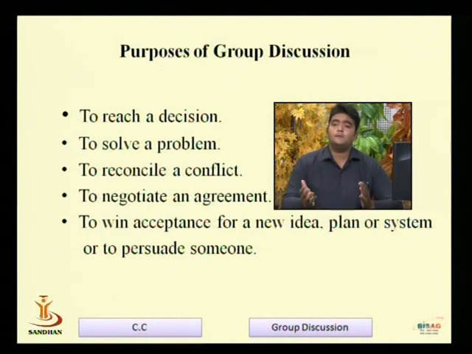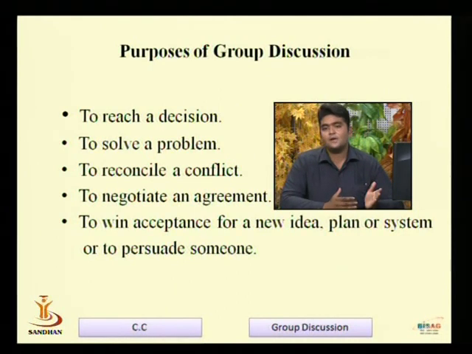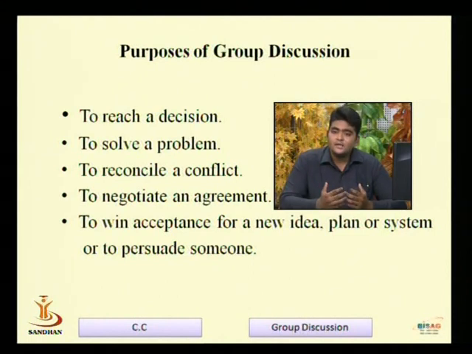Or it may also happen that an organization has new ideas, new plans, new systems, and they try to persuade another organization that, see, this is how we are going to work for the rest of the 3 months, or this is how we have planned, and this is how we are going to have new ideas for our company, and these are our ideas.